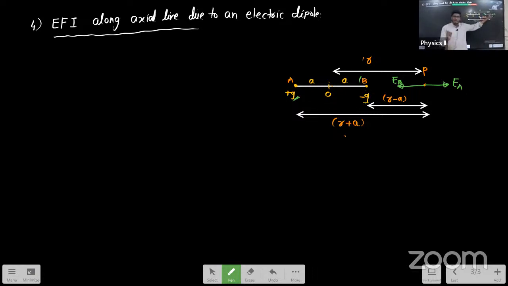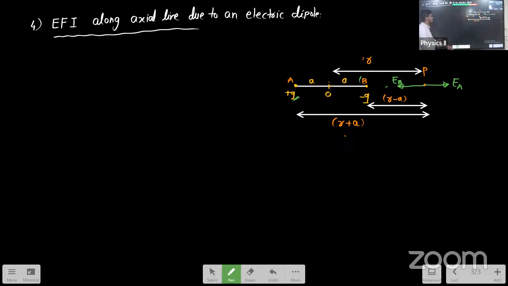At point P, we have considered a unit positive charge, and at point B we have negative charge, so they attract each other, and that is the reason I have written the electric field in this direction. At point A there is positive charge and at point P positive charge, so they will repel each other. That is the reason I have written the direction of electric field away from point A. I hope you understood this.